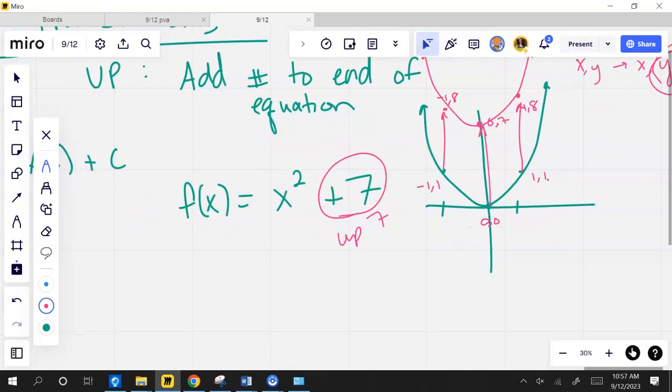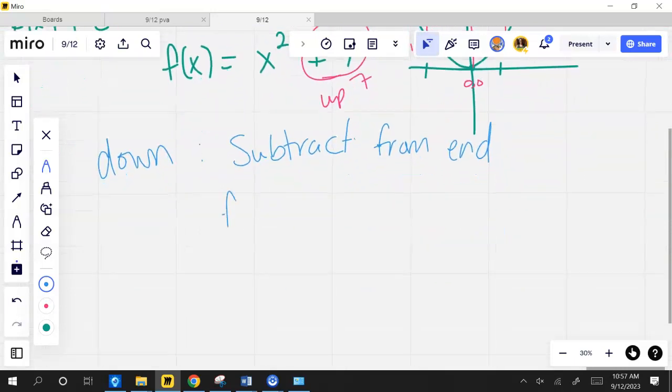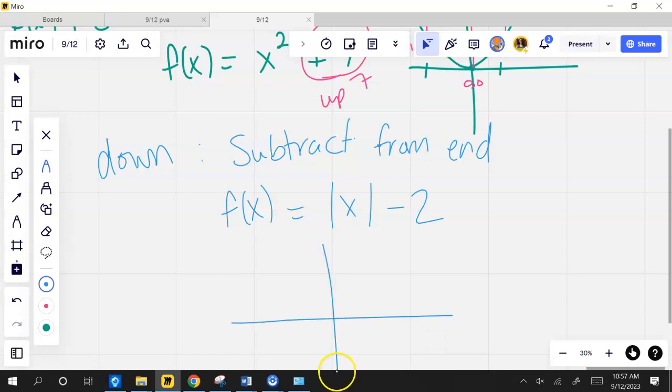I can do the same thing to go down, but as I move down, I'm subtracting from the end. So let's see what's happening here. Down 2. If I started with that parent, 0, 0, 1, 1, negative 1, 1, it looks like this.